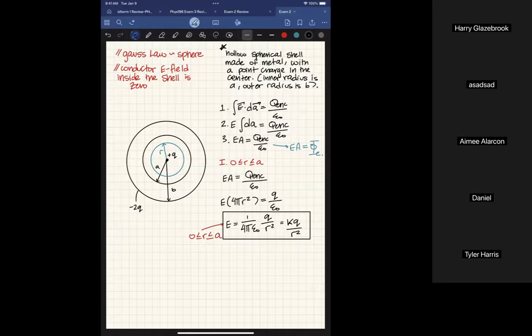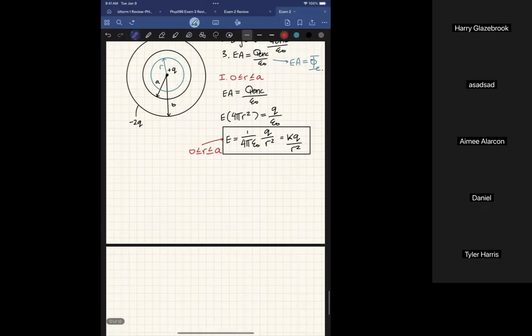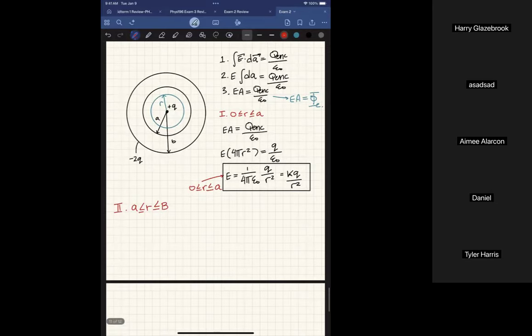Now, here's where people get tripped up. Region number 2. This is the region where my radius is greater than the inner radius A, but less than our radius B. So this is the entire region inside of my spherical shell here.